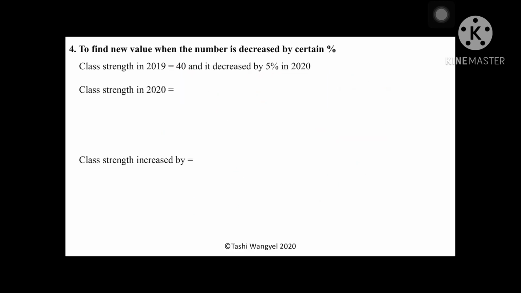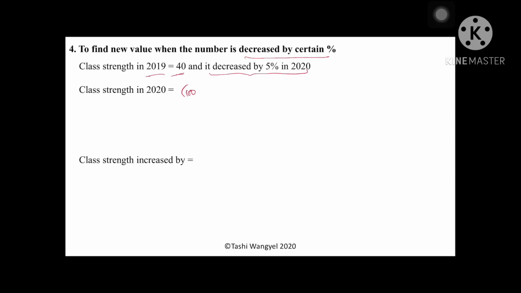Next, to find the new value when a number is decreased by a certain percent, it is the reverse version. The class strength in 2019 is 40 and it decreased by 5% in 2020. What is the class strength in 2020?